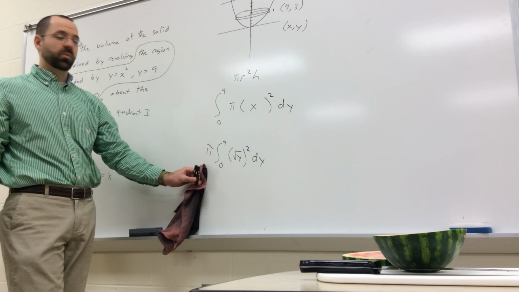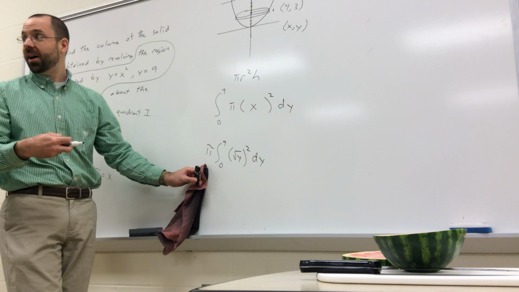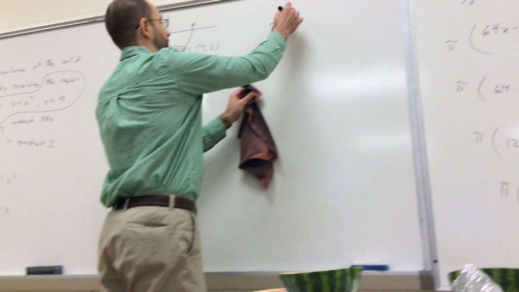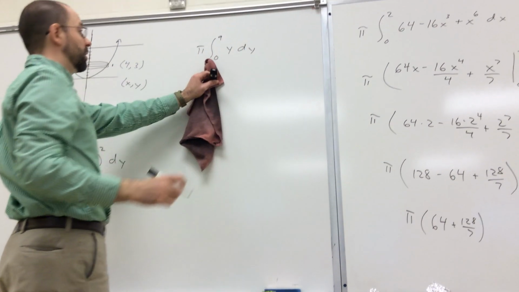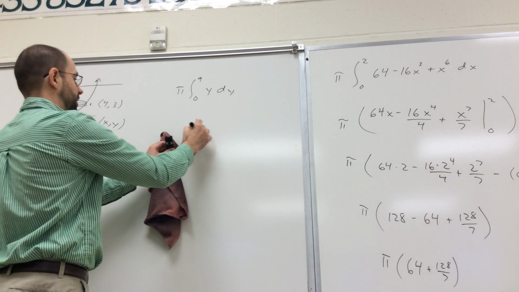Is the watermelon in the way of this problem? Okay. So then when you square the square root of y, it goes away, right? So you've got pi times the integral from 0 to 9 of y dy. Then you can take the antiderivative. That's 1/2 y squared.